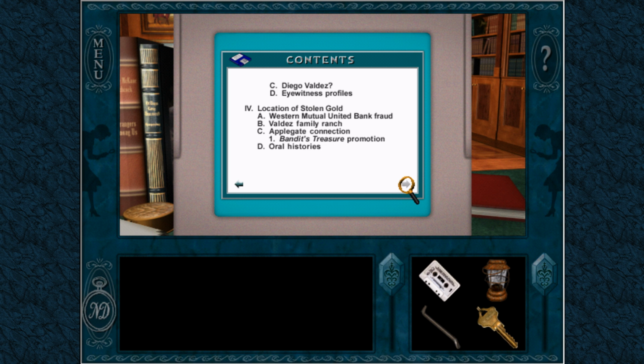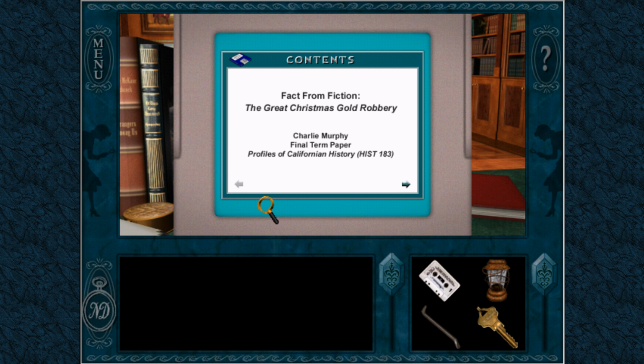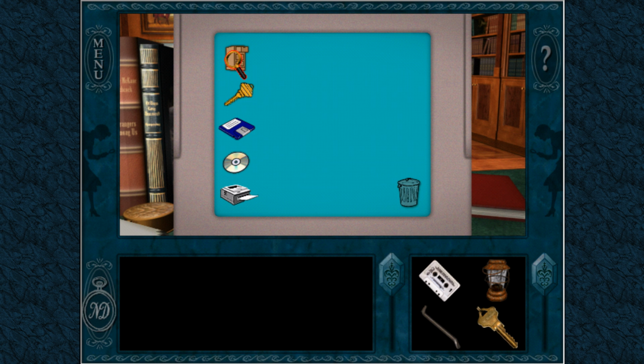Diego Valdez. Oh! Diego's last name was Valdez, and they did talk about Valdez. Okay. So he's doing research on Valdez, which obviously is the owner of this place.